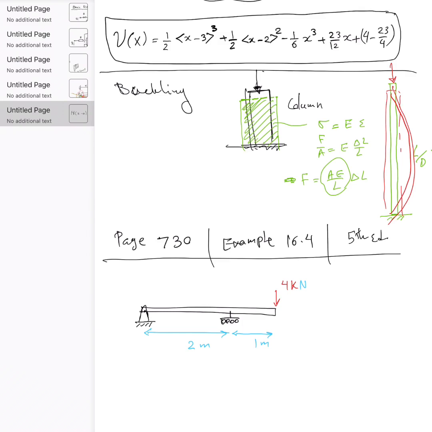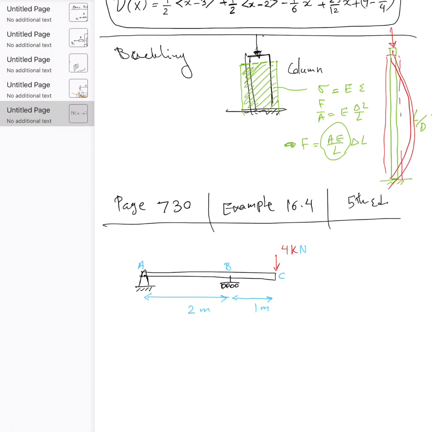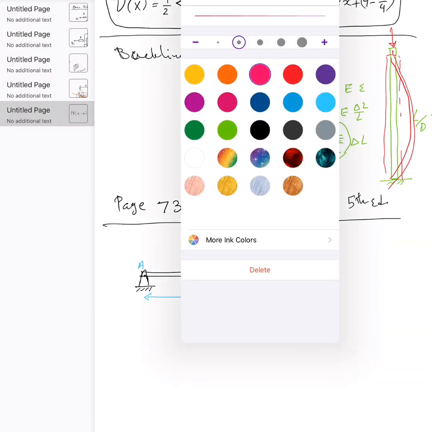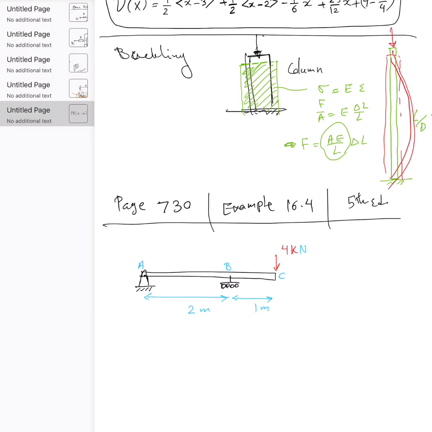and what it's asking for, it says the beam is subject to a load at point C, determine the displacement at C. So if this is ABC, it actually is asking for deflection at point C. So before I solve using Heaviside function, let me draw a qualitative form of the deflected neutral axis.